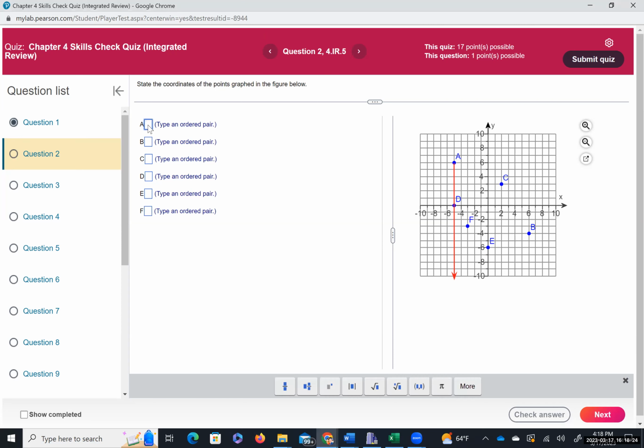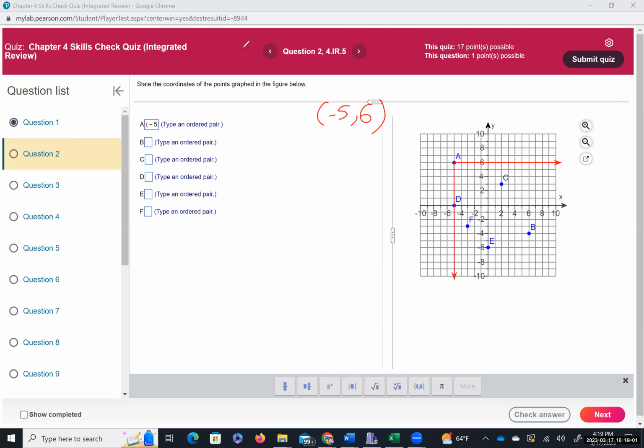So I'm going to put down parenthesis -5, and then a comma. I need to have the value of y. So from point A, I draw a horizontal line that intersects the y-axis at the y value, which is 6.